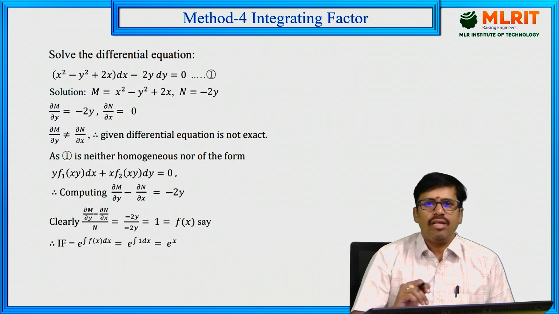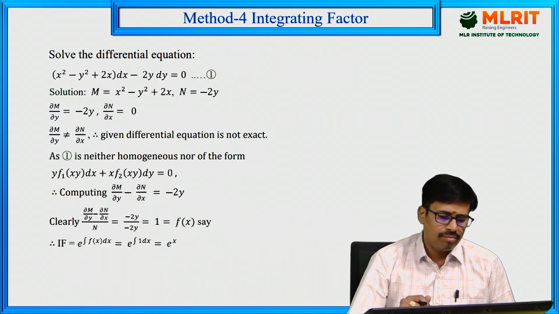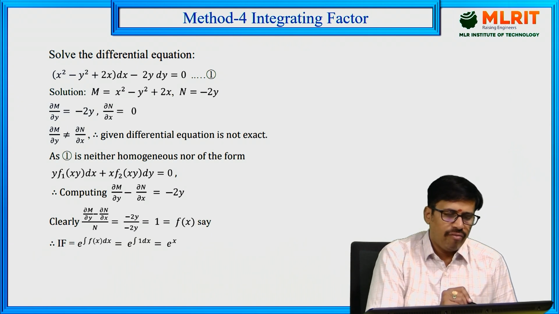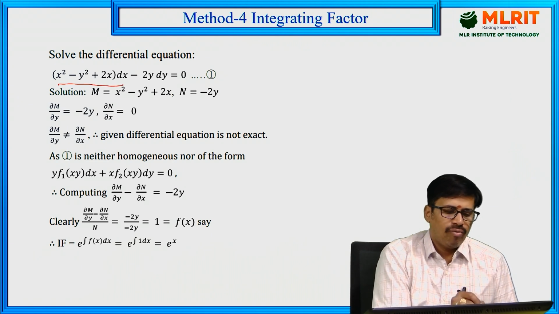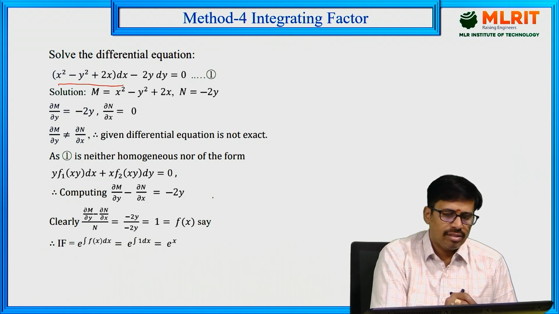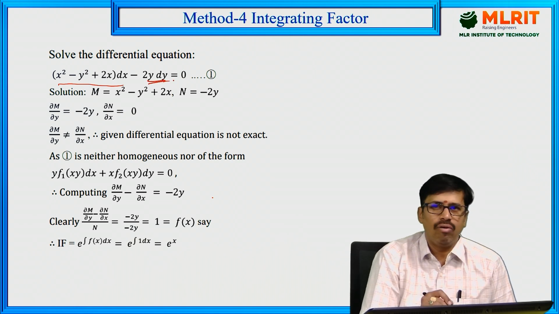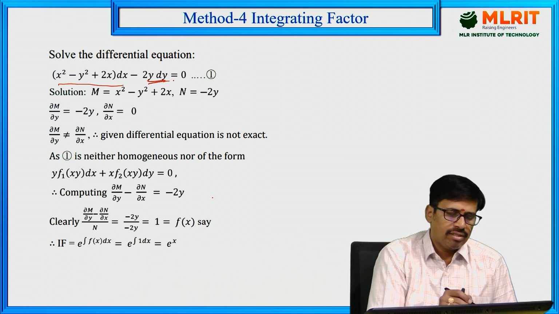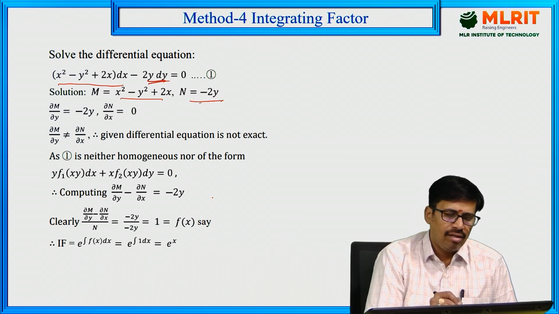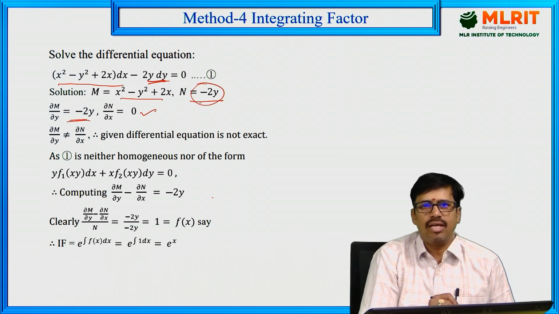Let us solve another problem using this method. Solve the differential equation (x² − y² + 2x)dx − 2y dy = 0. So let us write down M and N. ∂M/∂y is −2y. There are no x terms, so ∂N/∂x is 0.